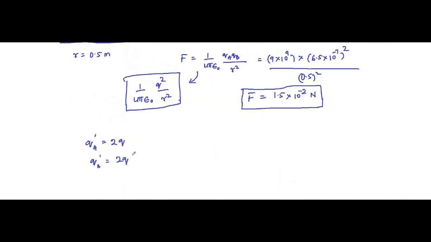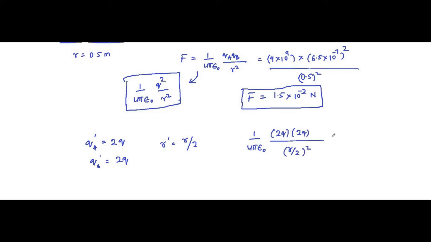So here both the new charges are doubled, 2q, 2q, and the distance between them is half. The new distance is half of the original distance. If we substitute all of these values in this equation of Coulomb's law, it becomes 1 by 4 pi epsilon 0 into 2q into 2q by r by 2 whole square.